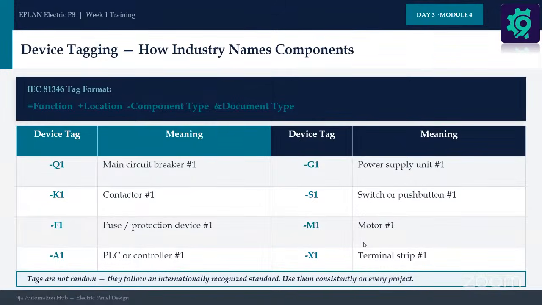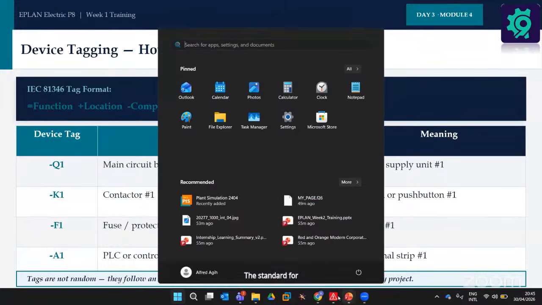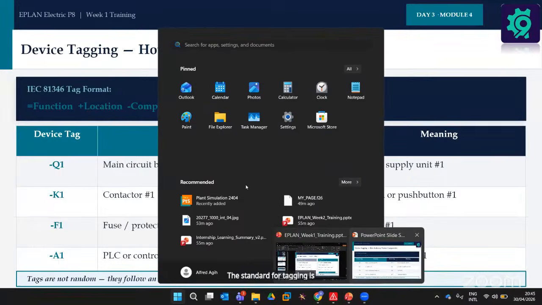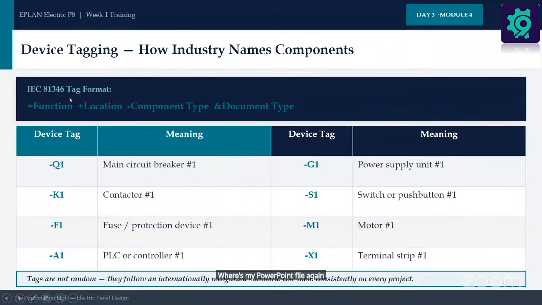First, that is what I'll start with. The standard for tagging is IEC 81346-2. What you see online now is 2009, but there's 2019. So they've updated it.